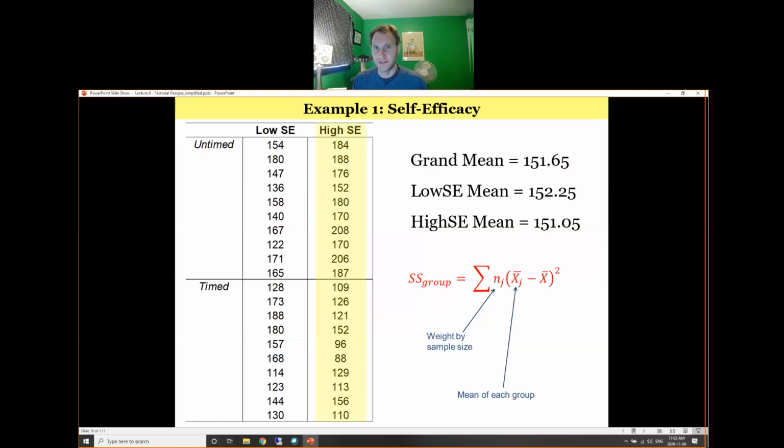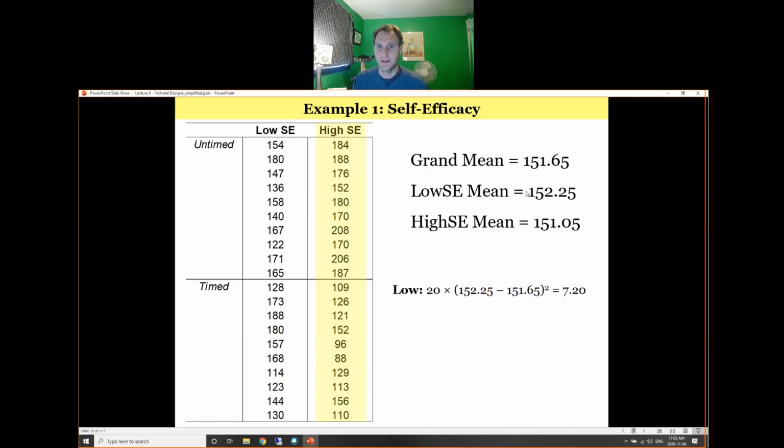To compute my sums of squares group, I take my low self-efficacy mean, 152.25, minus the grand mean, 151.65, squared, times how many people are in the low self-efficacy condition. Well, 20: there's 10 in this cell, 10 in this cell, 20 total in this column.